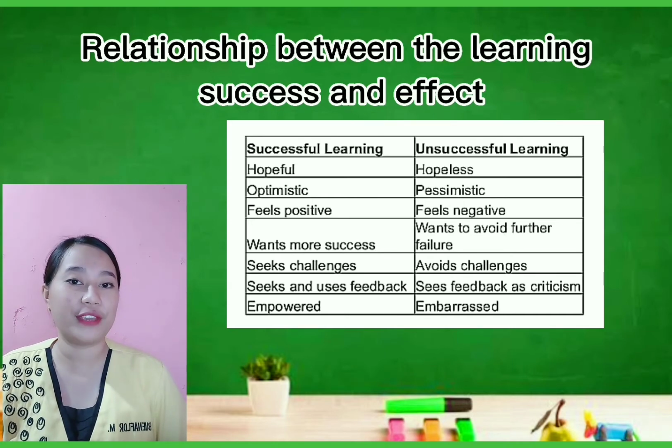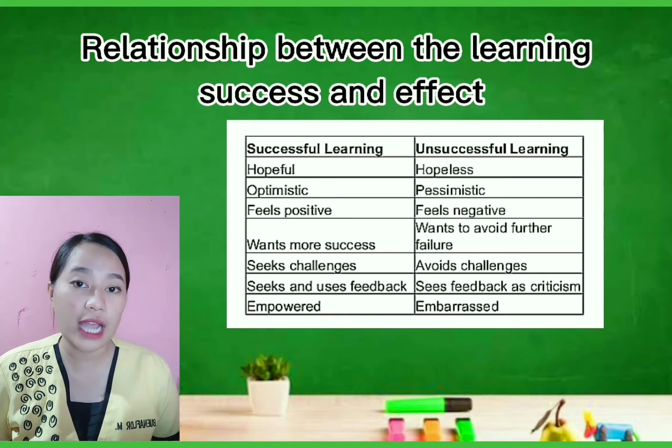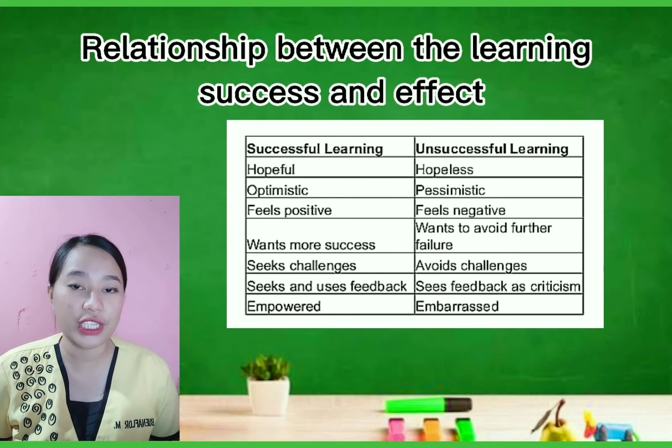The other one is feels positive, and in unsuccessful learning, it is feels negative. Some other words are wants more success, and as the opposite, wants to avoid further failure. Then the next one is seeks challenges, and for unsuccessful, it is avoids challenges. We also have seeks and uses feedback, and in the second column, it is sees feedback as criticism.